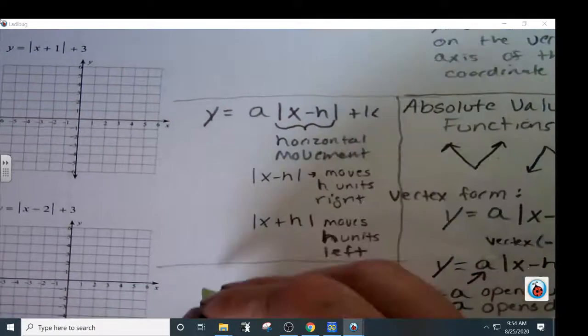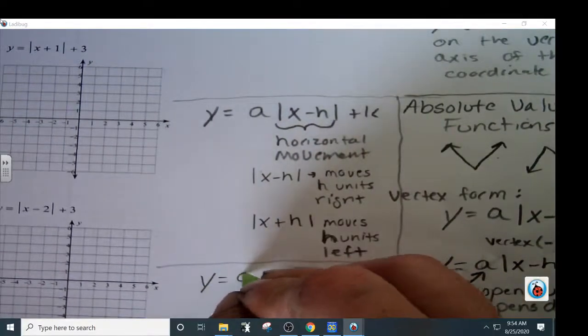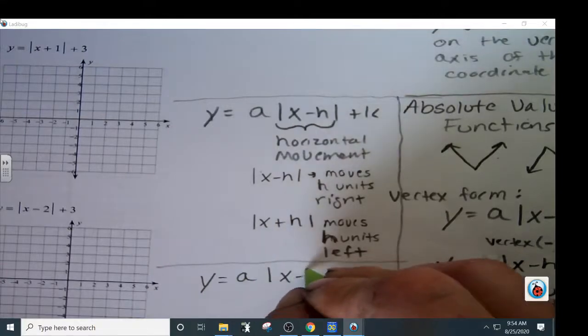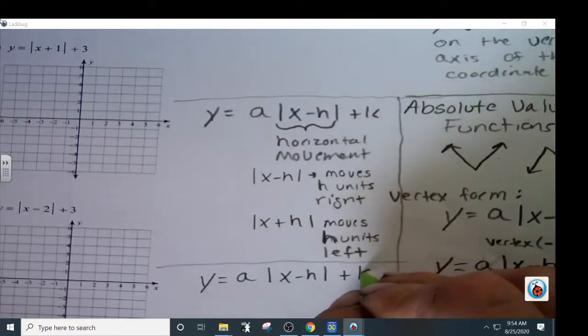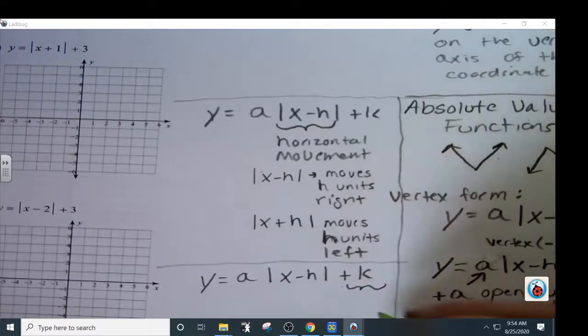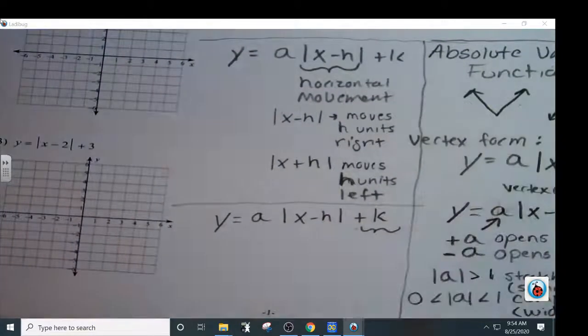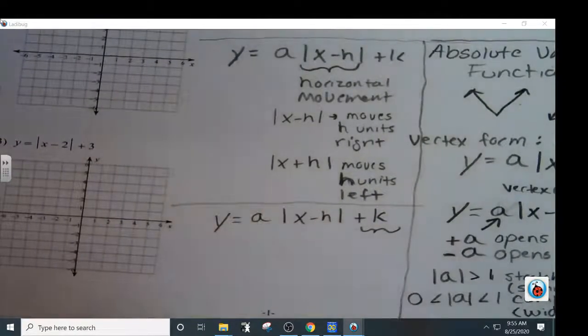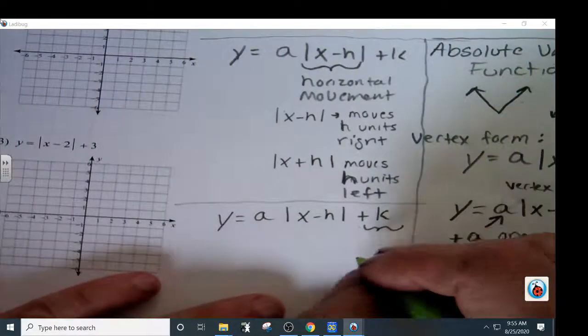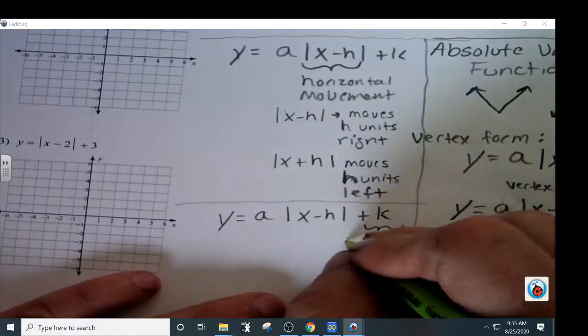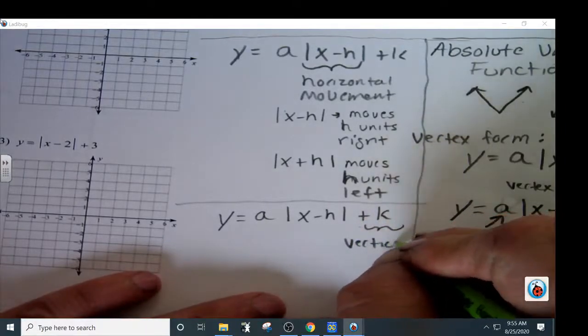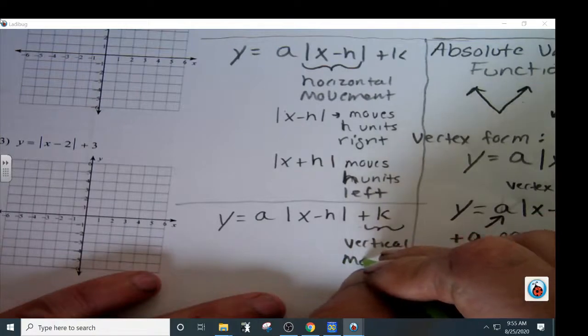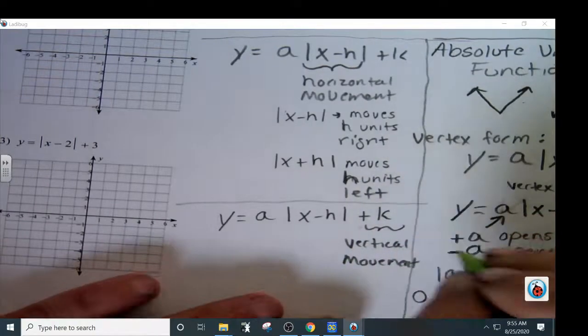All right. Last but not least, y equals a absolute value x minus h, plus k. The K, we've already got, we know A tells us if it's stretched or compressed, it opens up or down. X minus H tells us our horizontal movement, whether it's plus or minus. Okay? The K part, it's going to tell us our vertical movement.